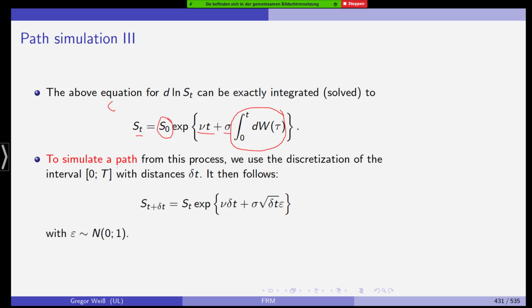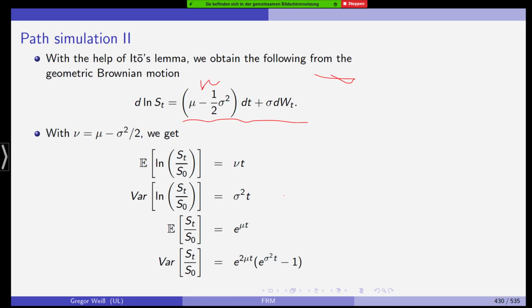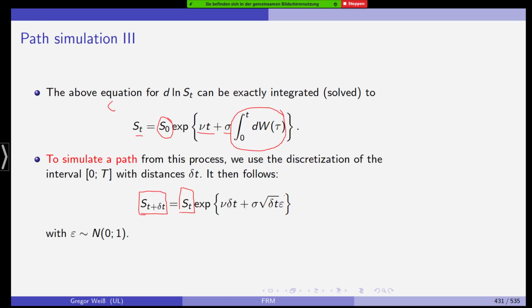We need to discretize this, and what we get is that the stock price at t plus delta t is given by the price at St times the exponential function of nu delta t plus sigma square root of delta t epsilon. Slightly different from the Euler scheme, but this has a smaller discretization error.